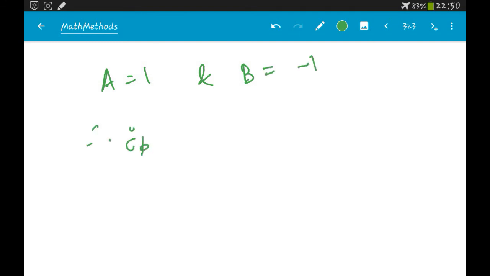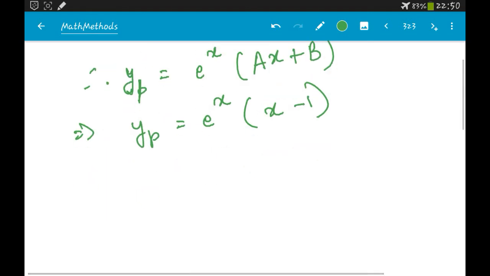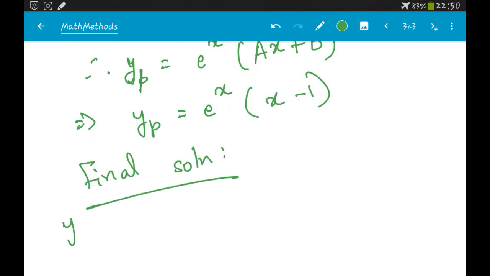Therefore yp was e power x into ax plus b, so yp is going to be e power x into x minus 1. So the final solution is going to be y is equal to yg plus yp.